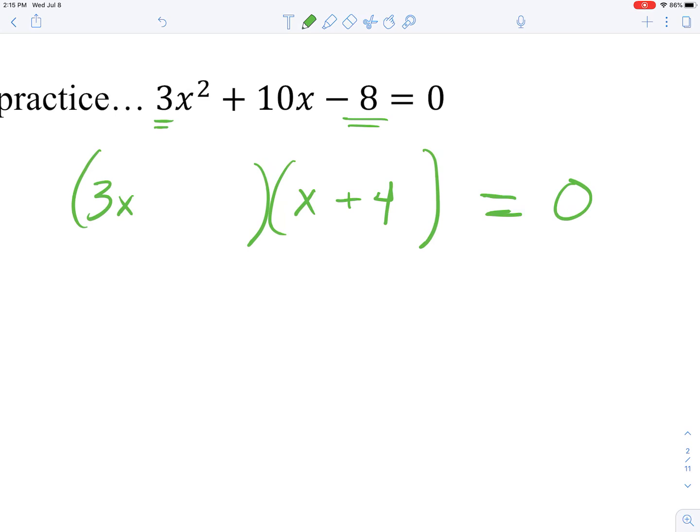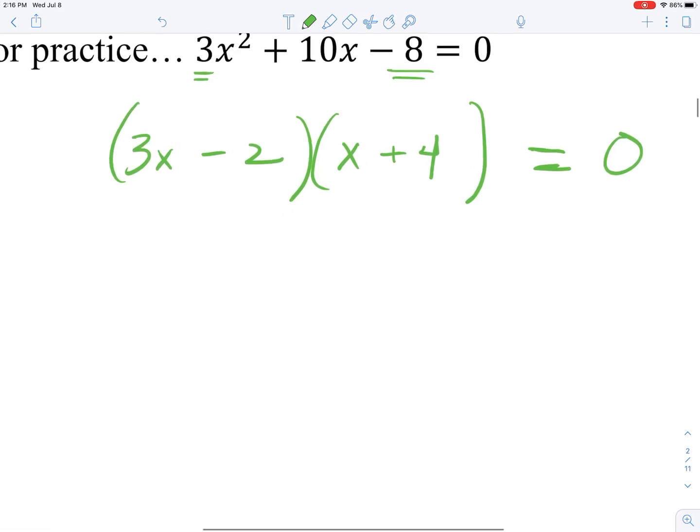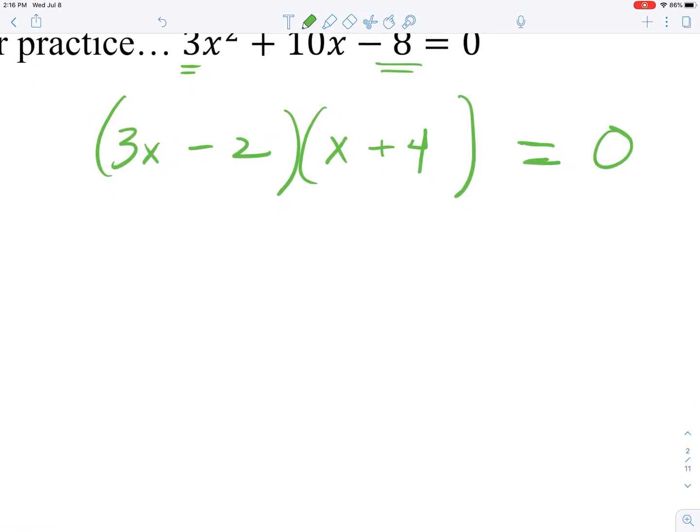Well, since I need to get a sum of 10x, I'm going to do plus 4 there, so that 3x times 4 would give me 12x, and then I'm going to do minus 2, so that then we can subtract 2x to give us the 10x.